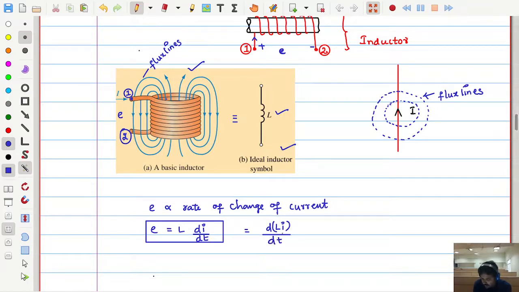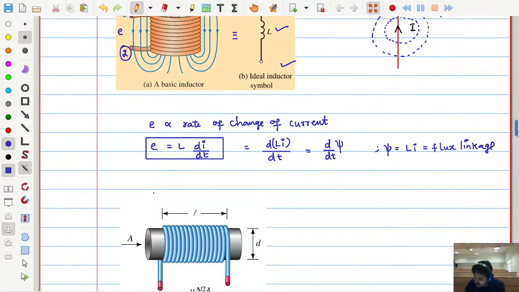So d by dt of Li. This Li can be referred to as the flux linkage psi, where psi represents Li, which we call flux linkage. So more precisely we can define the inductance as L equals psi by I. That means the amount of flux developed per unit current. That is the inductance.